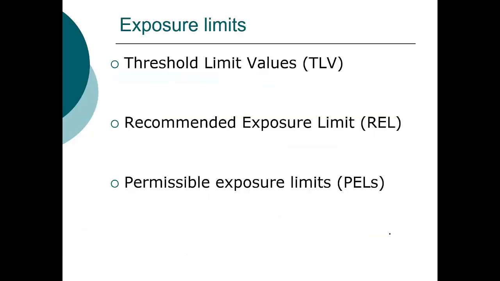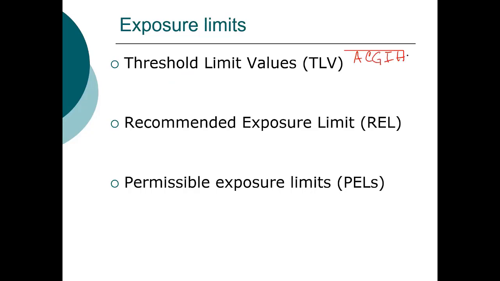Now, when we talk about exposure limits, there's really 3 sets of values that you'll see mentioned. We'll look at them in the safety data sheet. There are what are referred to as threshold limit values. These are set by the American Conference of Governmental Industrial Hygienists.